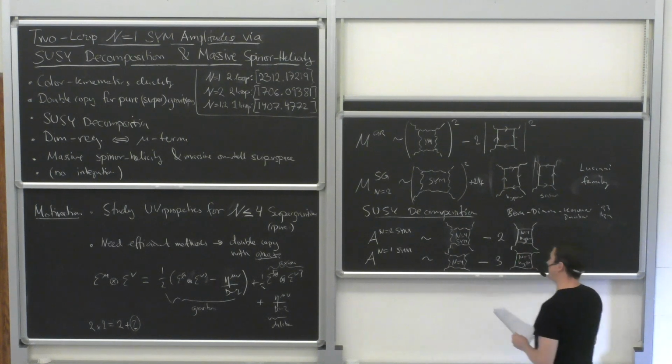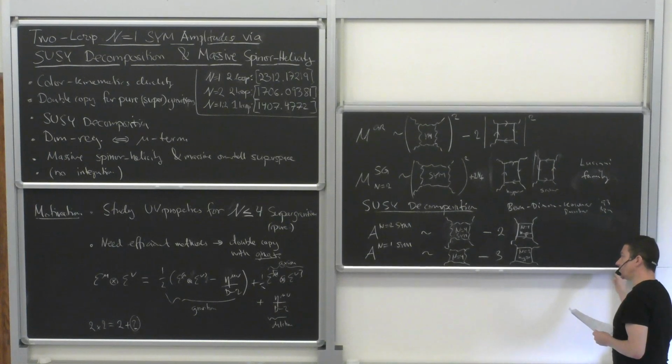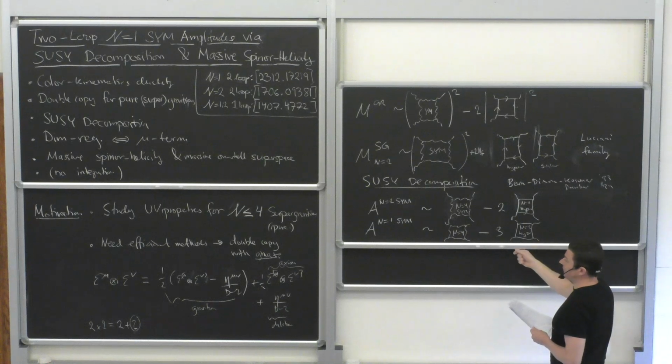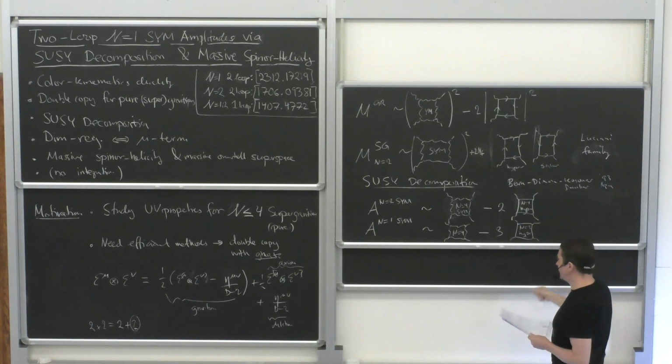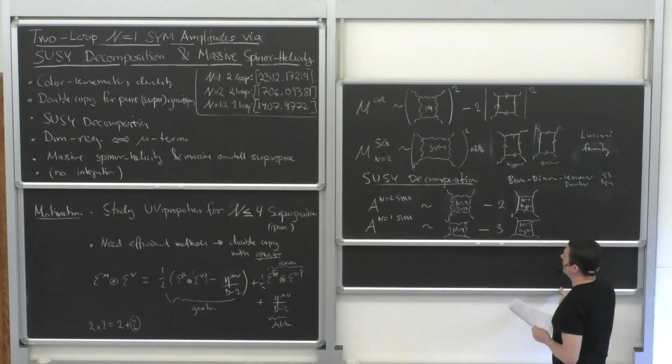Now you might complain that that doesn't look like n equals 1, but it turns out that if you put chiral multiplets in the adjoint, then typically they add up to a hypermultiplet. And so therefore, this actually gives the right answer.